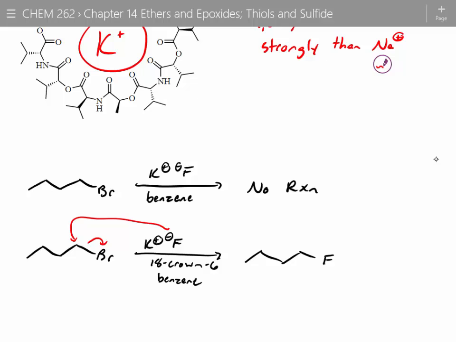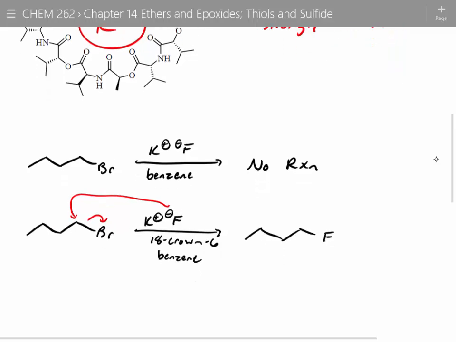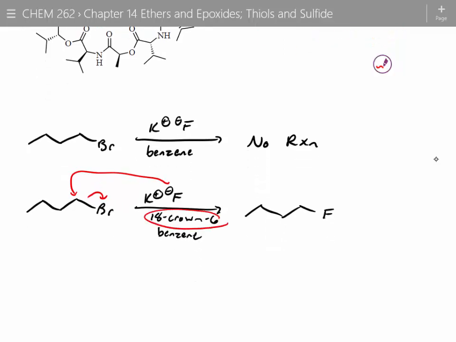The potassium is actually wrapped up in the crown ether, and the fluoride becomes a much, much better nucleophile. So in this case, the 18 crown 6 makes fluoride a better nucleophile.